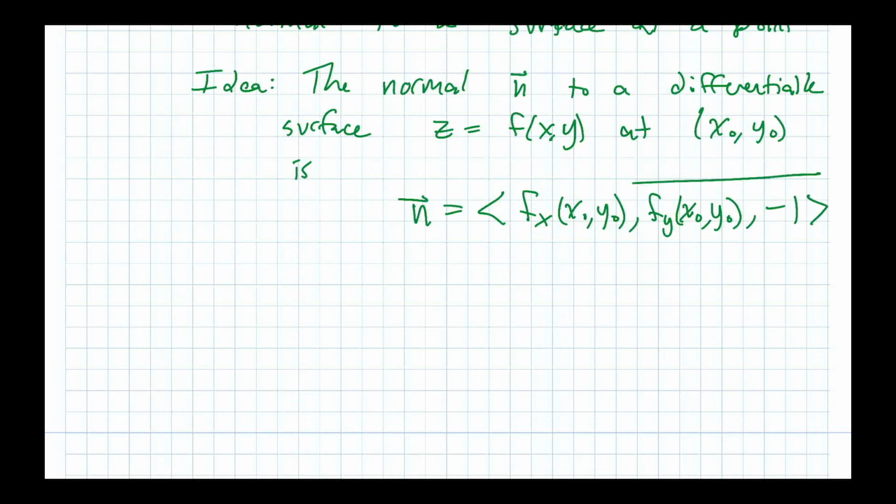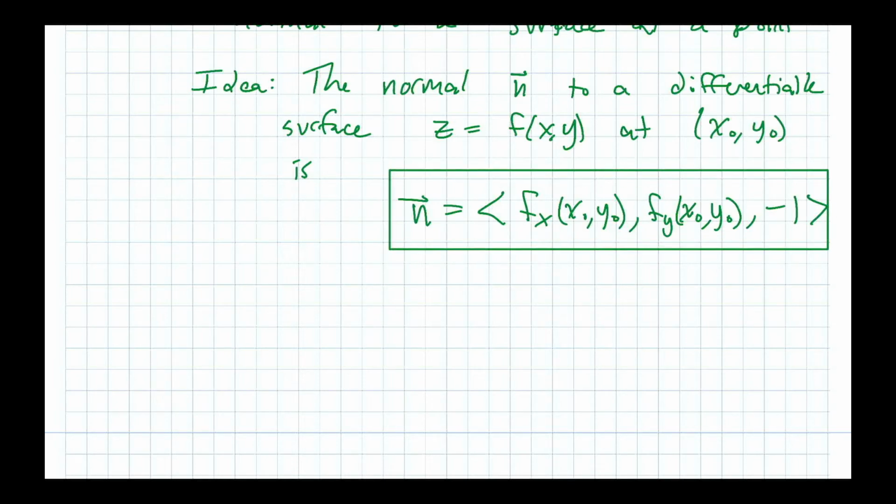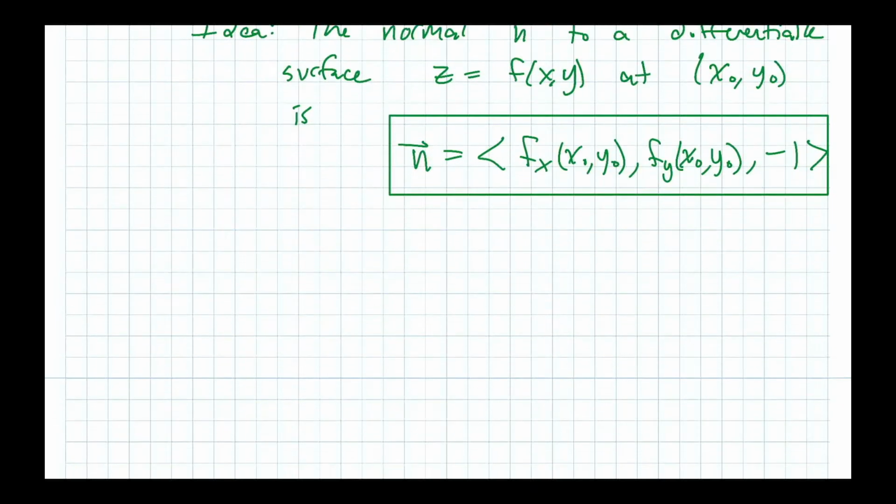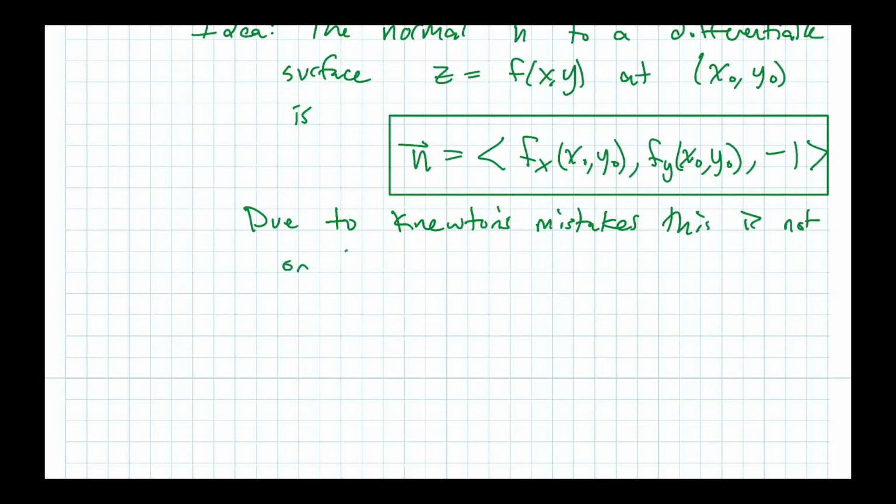Or this vector upside down, but we don't count that. Okay, we have that. Due to Newton's mistakes, this is not on your homework. And I'm going to say not on the summer 2021 homework. Who knows? Maybe somebody will watch this video later.